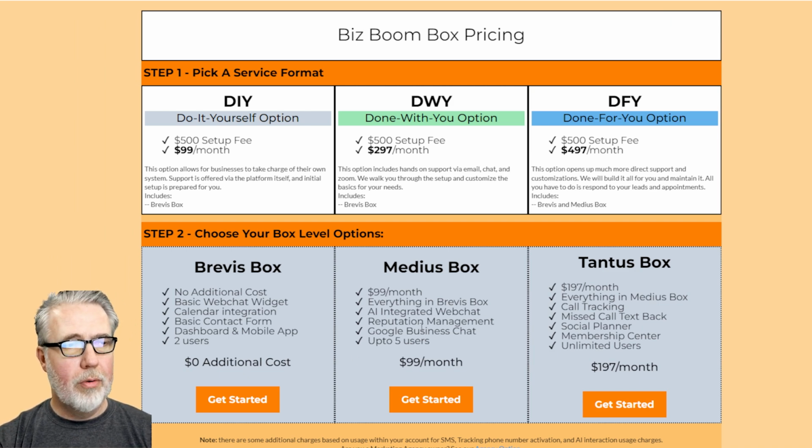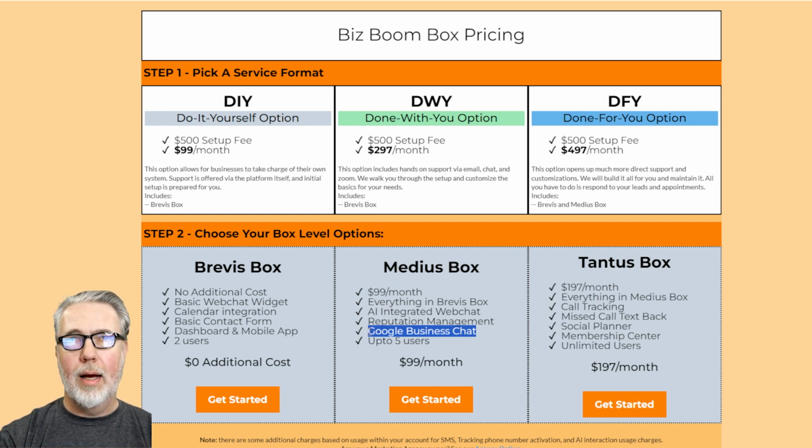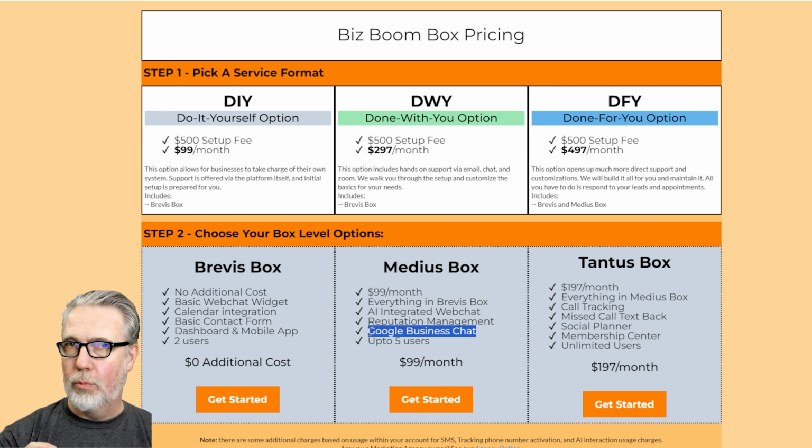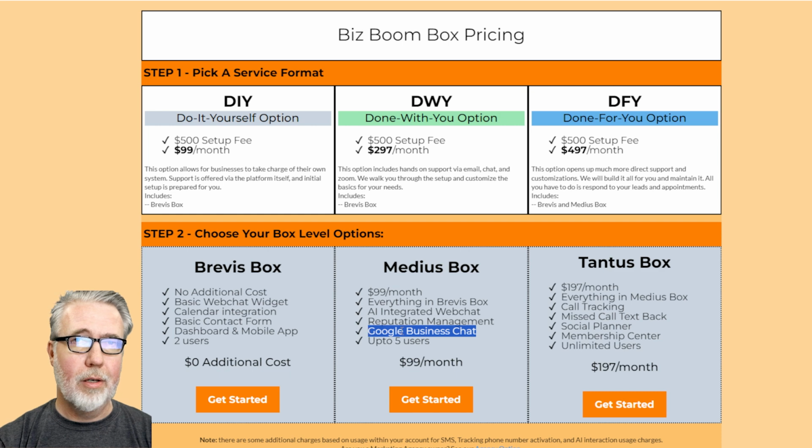If you want more users, you go up to the Medius box, you get up to 5 users, but you also get some of these other integrations like the AI, you get reputation management, Google Business Chat. This one is actually really cool, but Google is removing that later this summer actually. So there will be another option added here for Medius box that will just be another benefit to that.